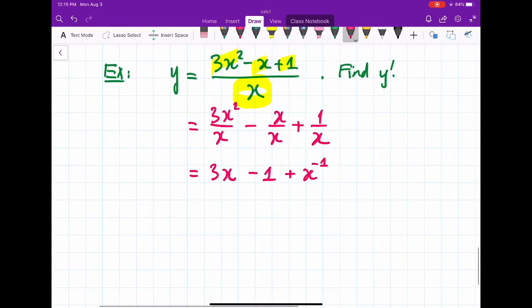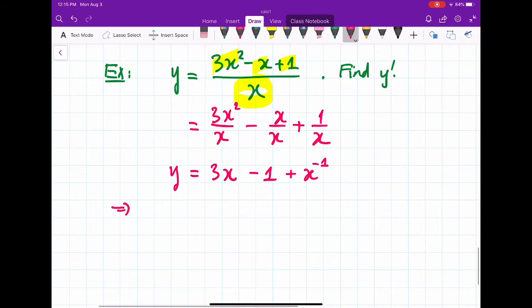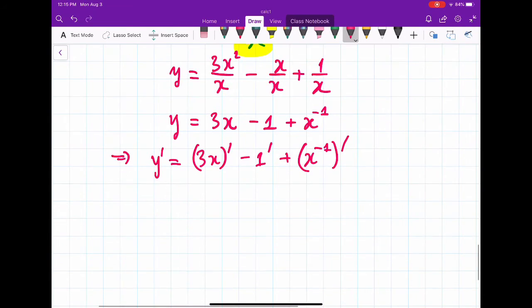And now you use the sum and difference rule to differentiate this function. From here you get y prime equal to 3x derivative minus 1 derivative plus x to the negative 1 derivative. And 3x derivative is 3 times x derivative. Derivative of 1 is 0 because 1 is constant, I write 0 in here.